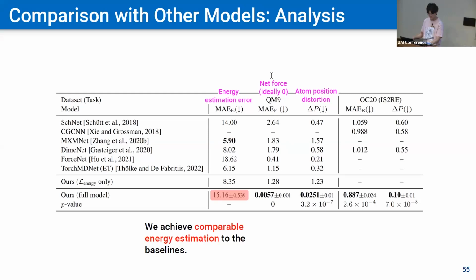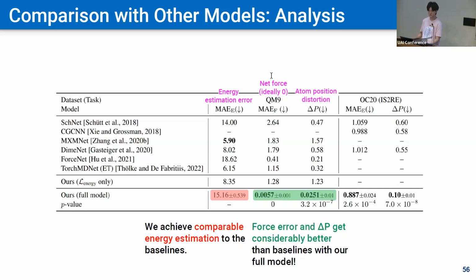In the QM9 dataset, our model demonstrated an energy estimation error that was comparable to the current baseline models. But our differentiation emerged when we compare force MAE and delta P. Here, our model outperformed the baseline models substantially, implying a much more robust learning of the energy surface.